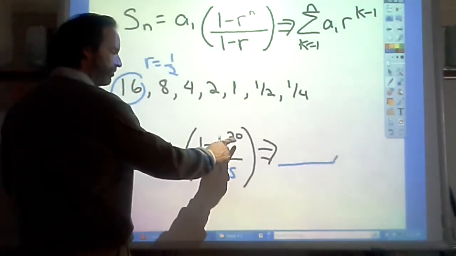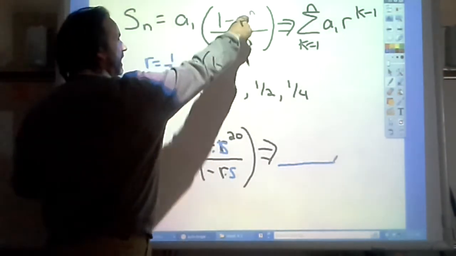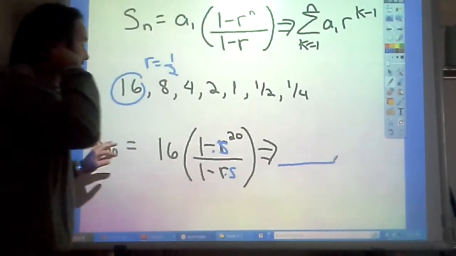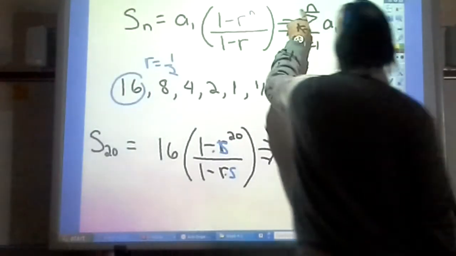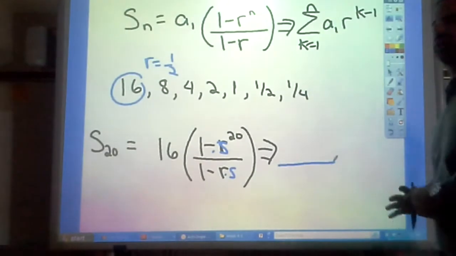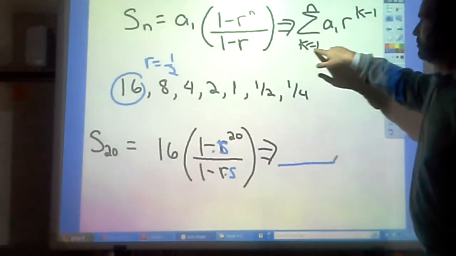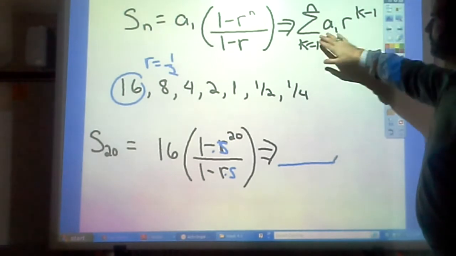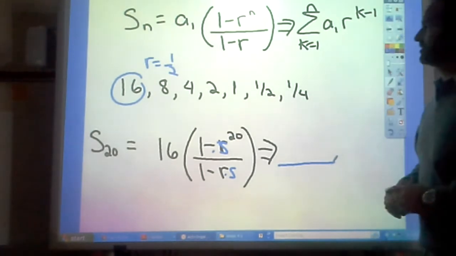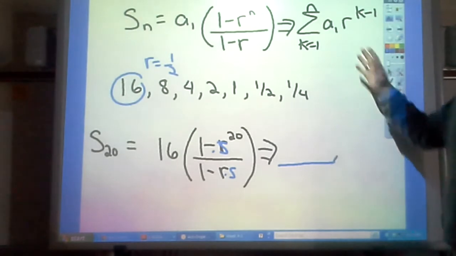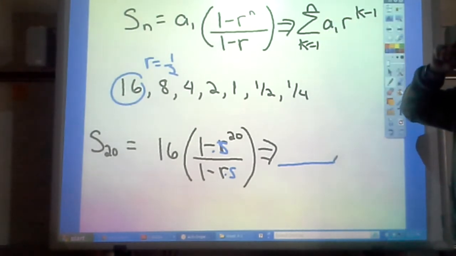Remember, you're plugging in n, not n minus 1, okay? This formula here with sigma, that's the summation symbol that says let's take the sum of the first n terms, whatever n is, k equals 1. So let me backtrack, since I've just introduced k. Remember, this was on our CBA, right?